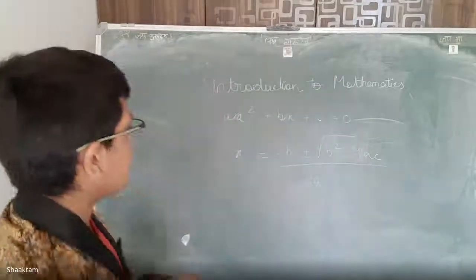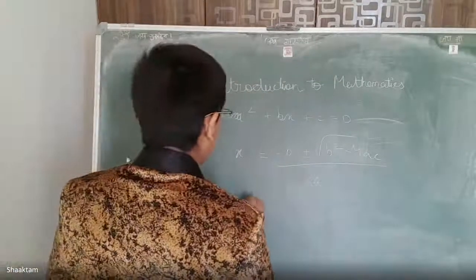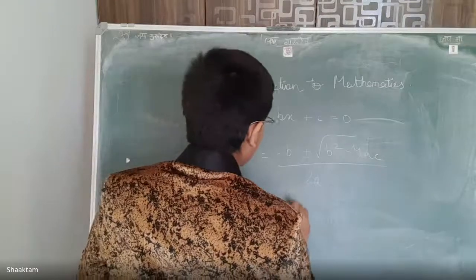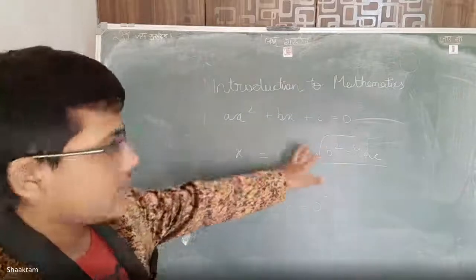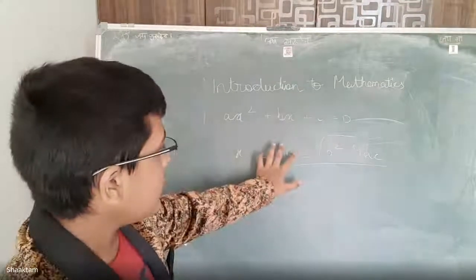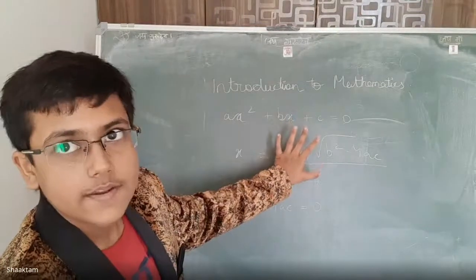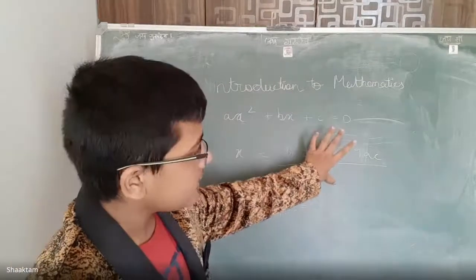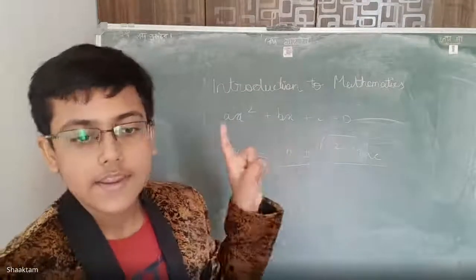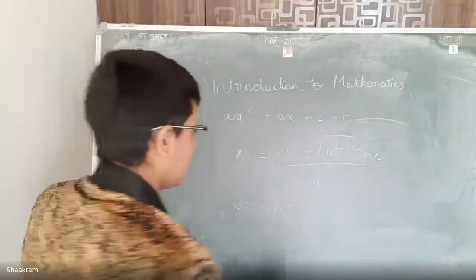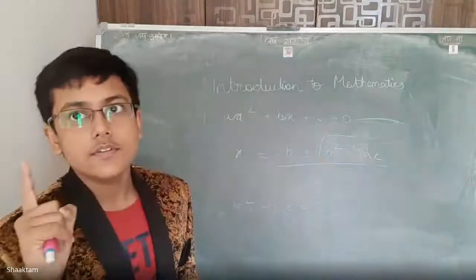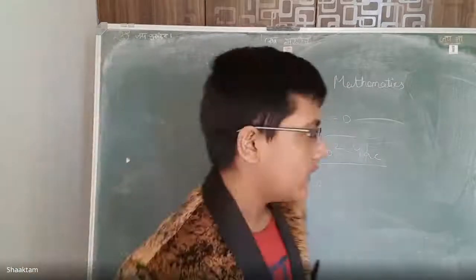For example, say b square minus 4ac is equal to 0. This will be root 0, and negative b plus or minus 0 doesn't matter. That means you're just getting one equal root. So the roots will be equal, and there'll be only one value which will satisfy the quadratic equation.